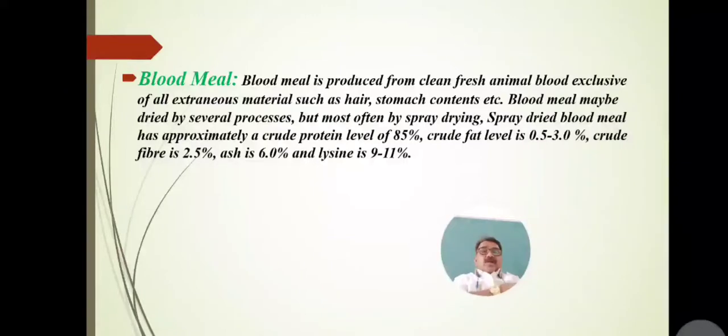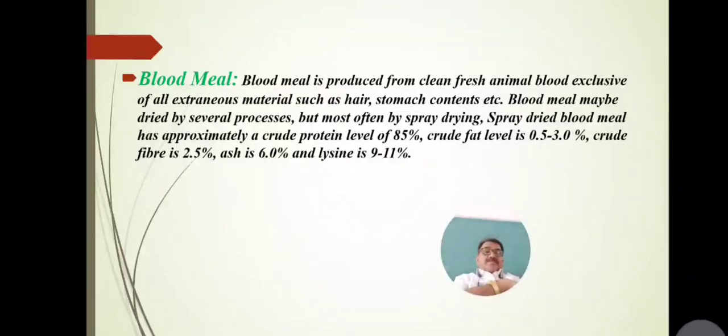Spray dried blood meal has approximately 85% crude protein. Fat level is 0.5 to 3% fat. Fiber level is 2.5% fiber, ash is 6%, and lysine is 9 to 11%.